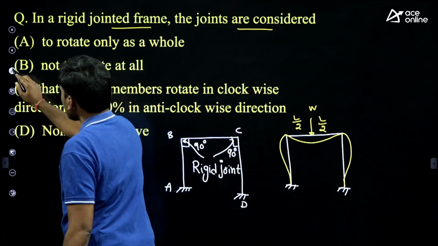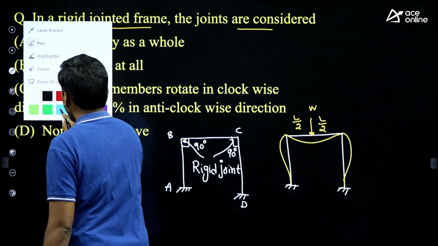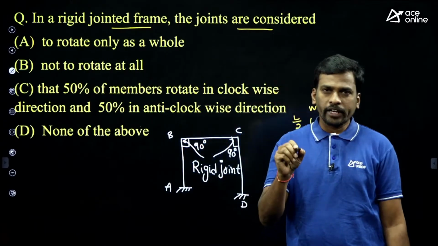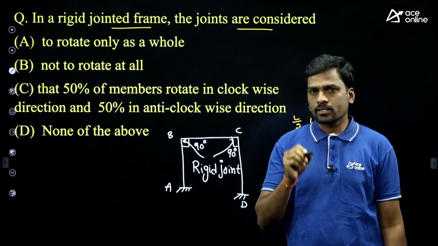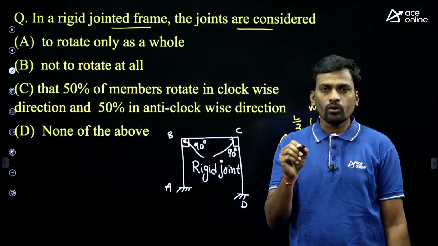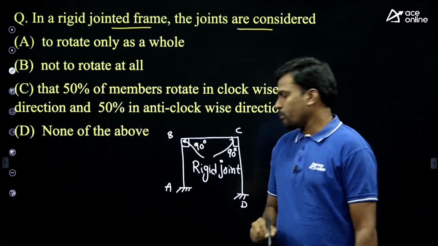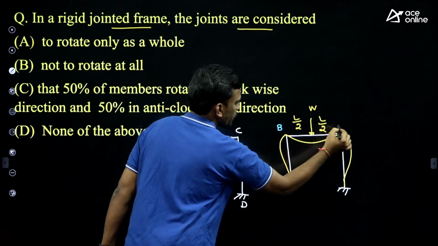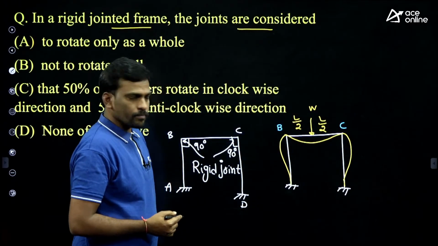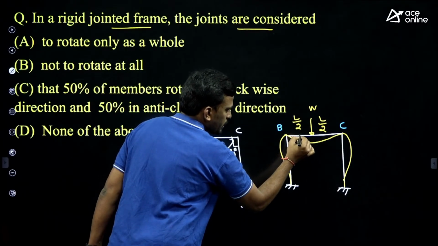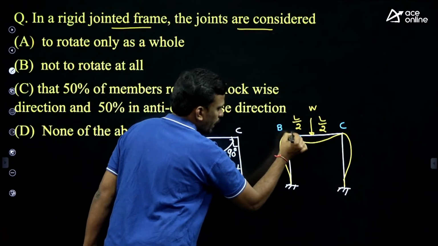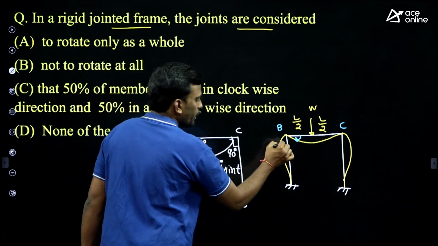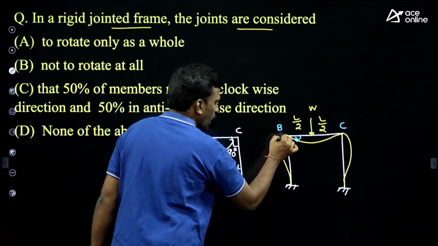Students, I gave one point: at the rigid joint, rotation in all the members is the same. Yes or no? Look here, this is joint B and this is joint C, both rigid joints. Rotation of the beam at joint B, clockwise or anti-clockwise? Clockwise. And rotation of the column at joint B?